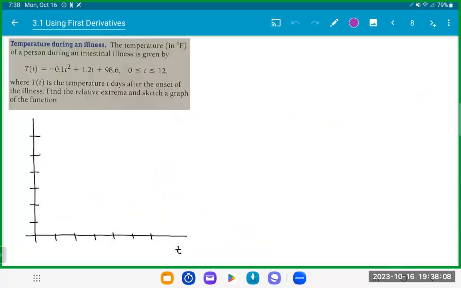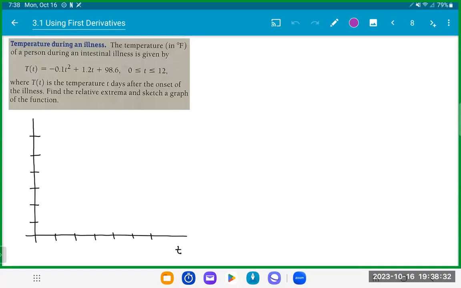All right. The last example from this section is looking at temperature during illness. The temperature of a person during an intestinal illness is given by the equation here, and we want to find the relative extrema and sketch the graph of this function.